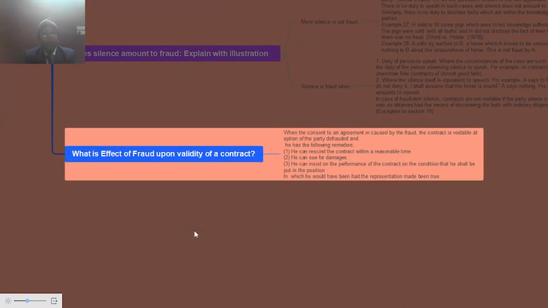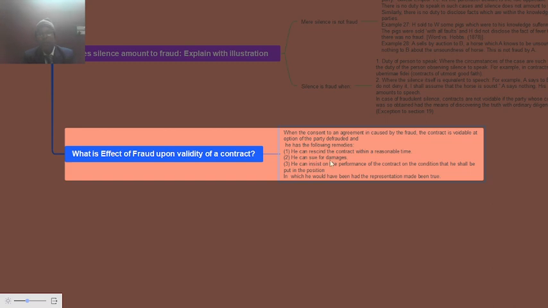Now, what is the effect of fraud upon the validity of a contract? When the consent to an agreement is caused by fraud, the contract is voidable at the option of the party defrauded, and he has the following remedies. Number one, he can rescind or cancel the contract within a reasonable time.